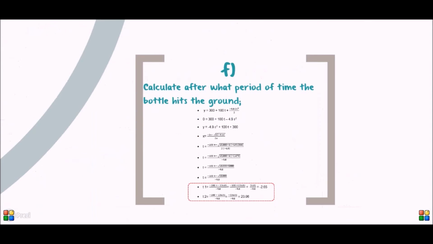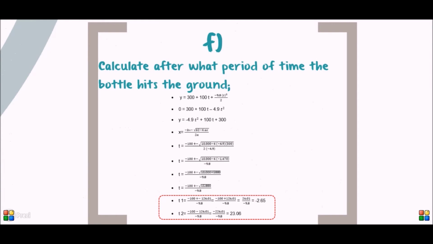To solve it, we will use the general equation, and we just substitute, because the first one is a, the next one b, and then c, and we just solve them. We have 2 answers because we always get one positive and one negative when using the general equation. So our final answer is t equals 23.06 seconds.